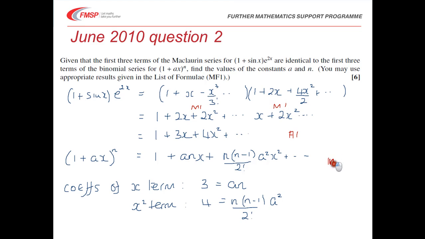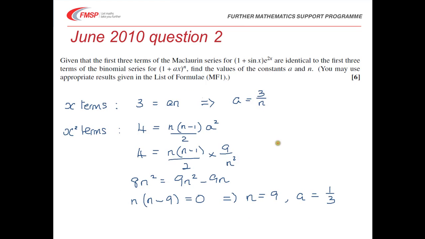You got a method mark for expanding and getting the first three terms using the binomial expansion. And then in terms of finding the constants, there was a method mark for getting your two simultaneous equations correct and an accuracy mark for the answer at the end. So 6 marks in total for the question.